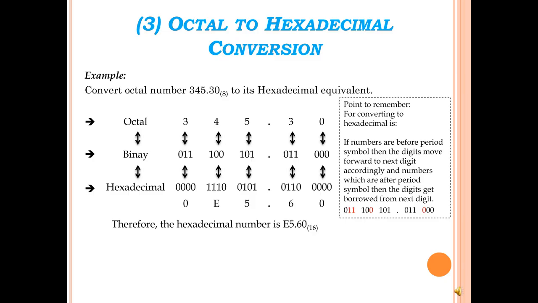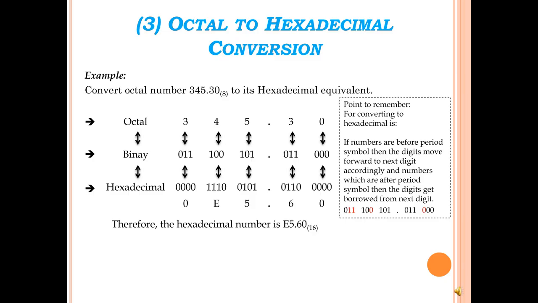So we convert that 0 with four digits, moving 11 to the next and making it 1110, and we are left with 0. So we move that 0 to the next.